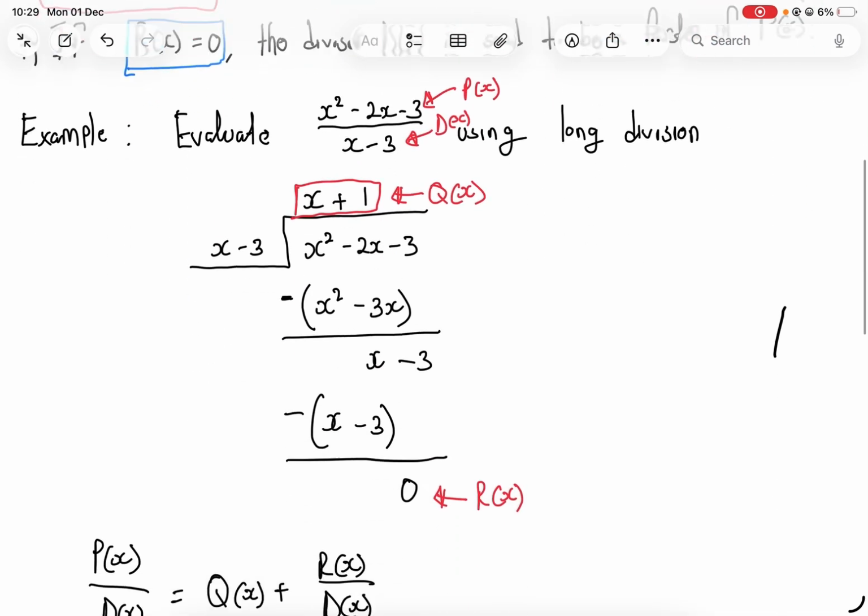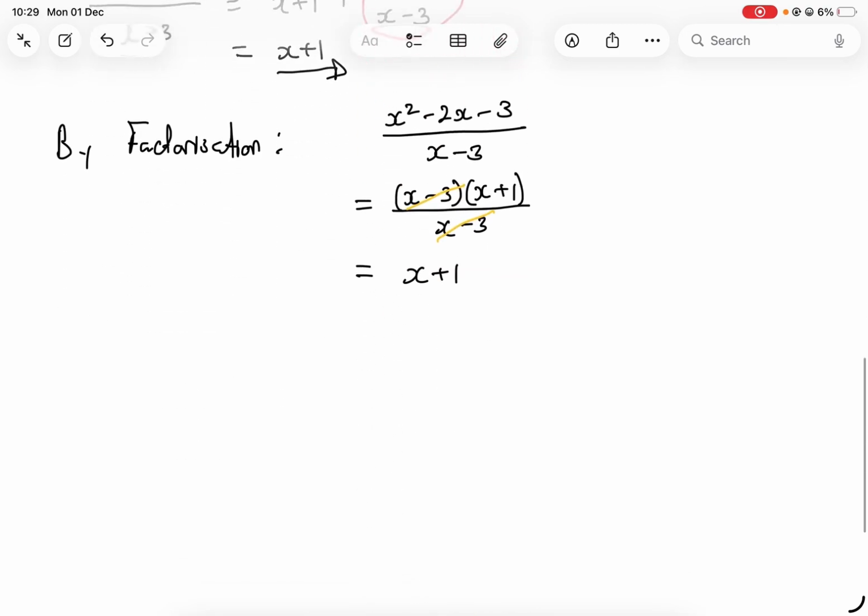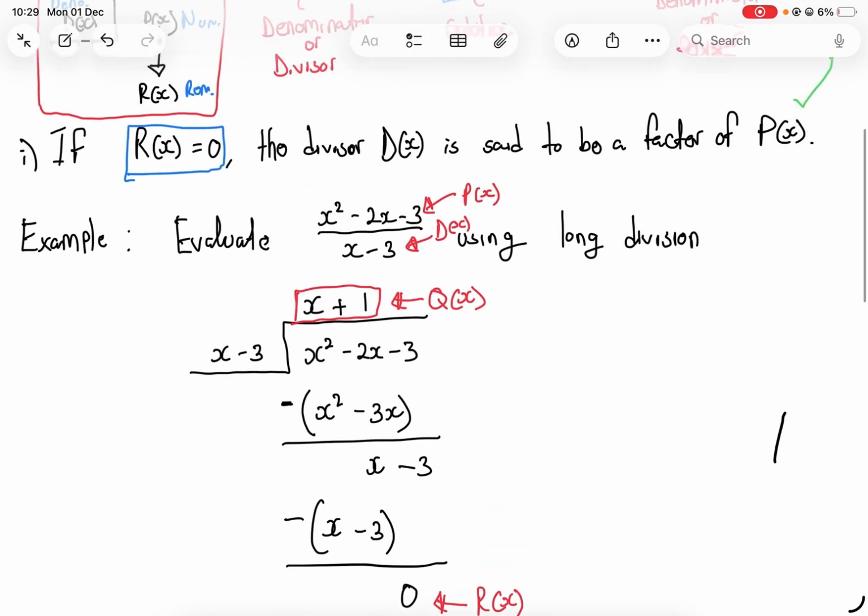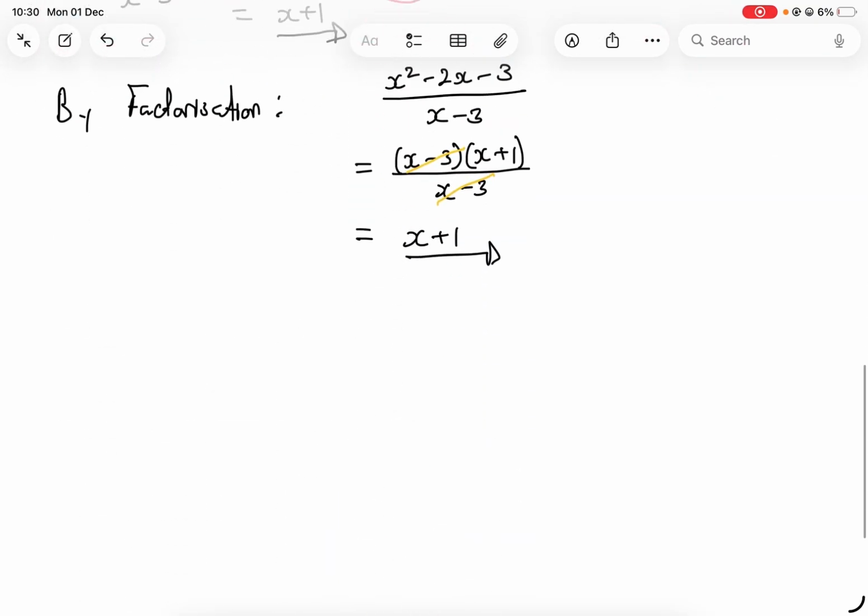So next example wants us to deal with one that doesn't have a remainder that's equal to 0, where that denominator is not a factor.